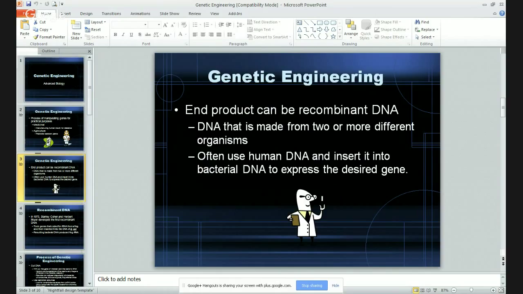At the very end, when you have taken DNA and genetically engineered it, you end up with what's called recombinant DNA, or DNA that has two different parts, if you will. It comes from two different sources.